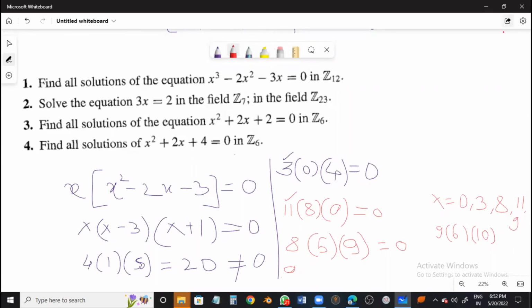Yes. Okay, very good. Now the second question, 3x is equal to 2 in Z7. 3x is equal to 2 in Z7. All of you know what are the members of Z7, under what conditions it is going to be 2.